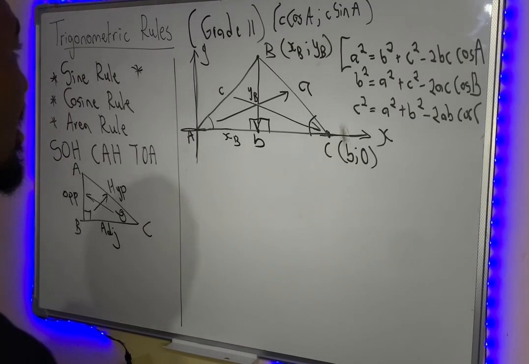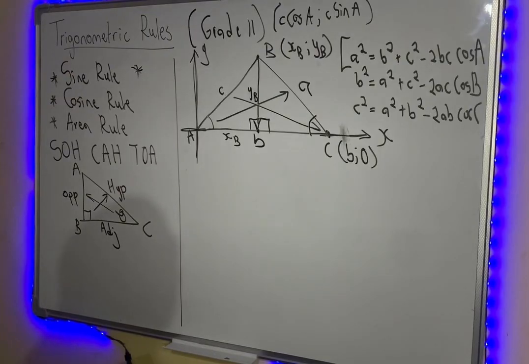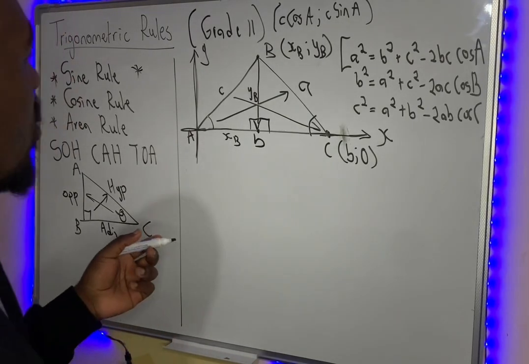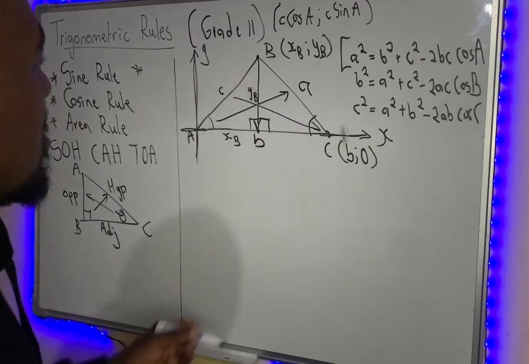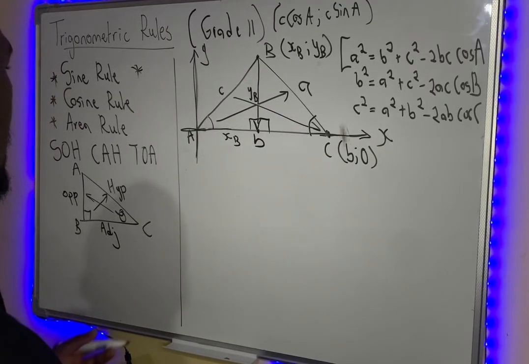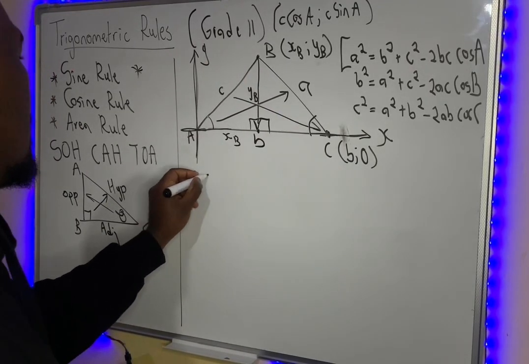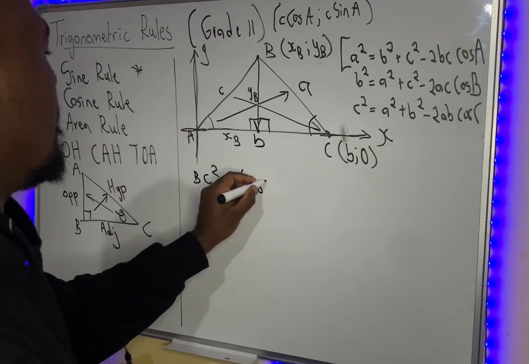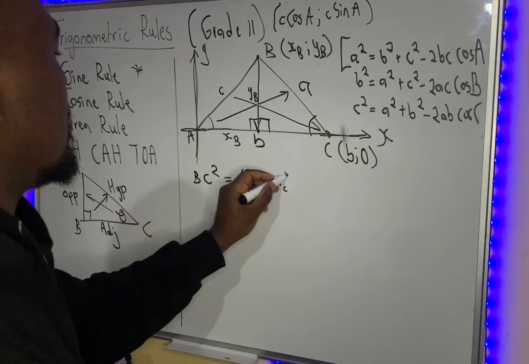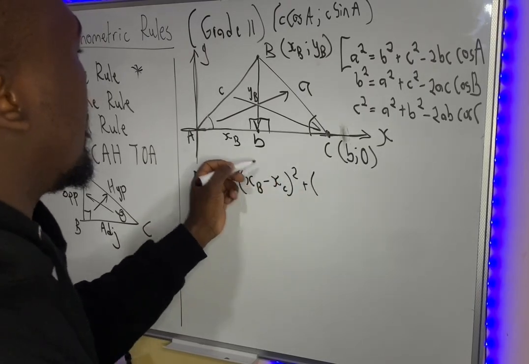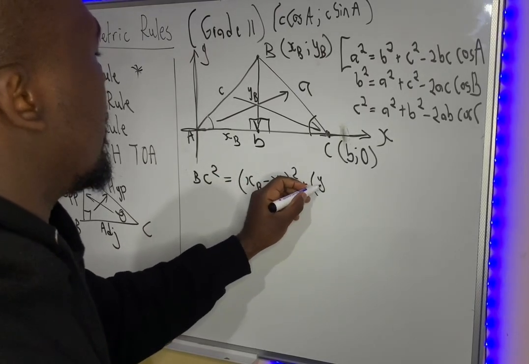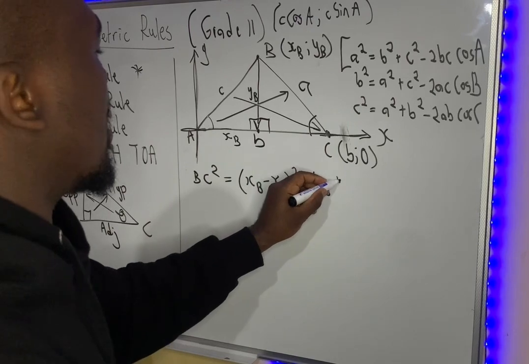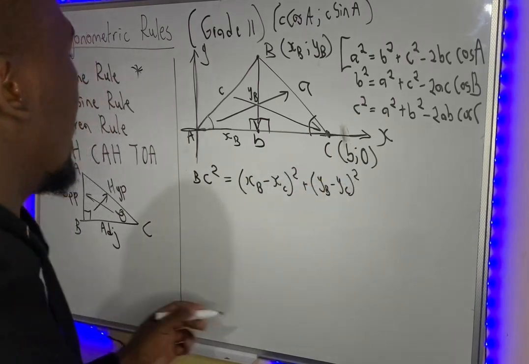Yeah? Now, okay, let's try this now. Since we have that, we are going to find the distance of BC. And remember the formula we use for the distance. We're going to say BC squared is equal to XB minus XC all squared plus YB minus YC all squared. Now look at this.